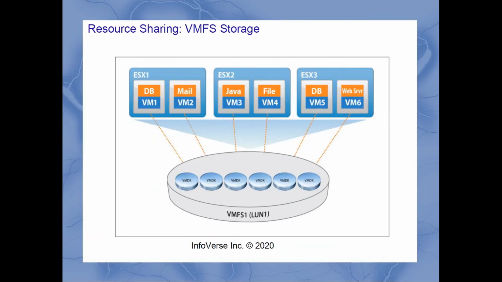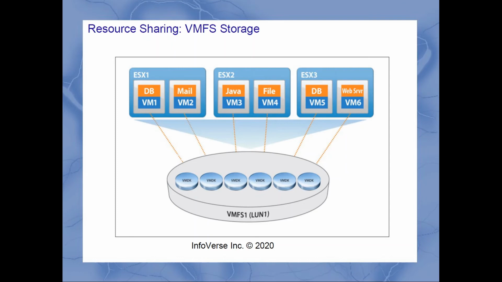A closer look at the VMFS storage. In this picture we see a data store called VMFS1. It came from LUN 1. Perhaps it's 500 gig in size, 1 terabyte in size, not specified here. We have 3 ESXi hosts. All of them are sharing the data store. Each ESXi host has 2 VMs. Each VM has a single VMDK or a disk file.